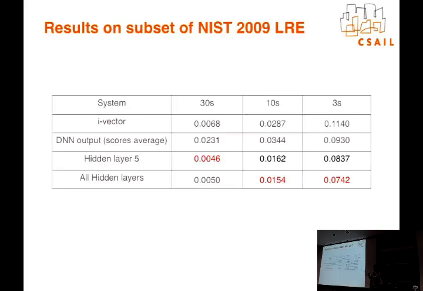Are the coefficients of the network publicly available? Which one? This code? No, this DNN. The trained DNN. Training is a big deal, you know. Do you provide the coefficients?